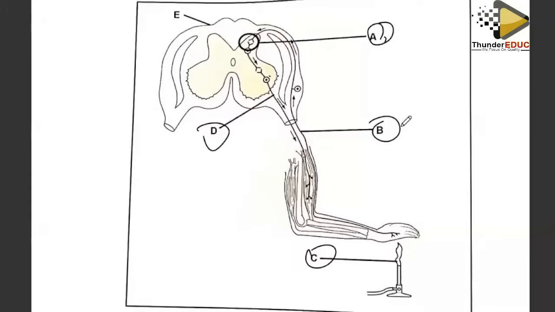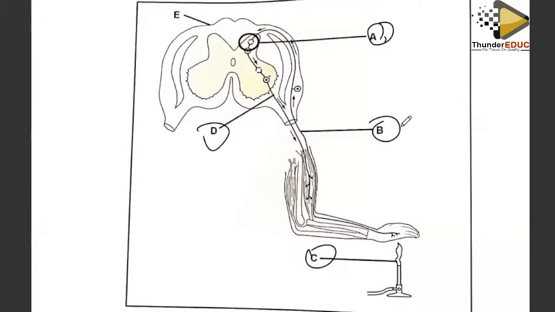Yes. How does it do that? By transmitting the impulse between the brain and the body. Yes, because the brain is on top. How do they reach? They have to go through the what? The spinal cord. Yes. So it is a connection between the brain and other parts of the body. Yes, you can also say that. Or you can talk about transmitting the impulse from the brain to the effector.